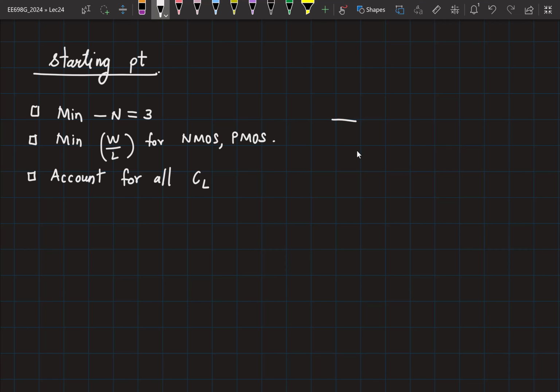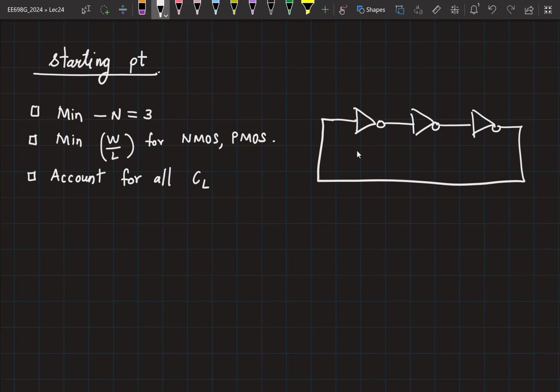If this was our ring, we called the total capacitance at this node as some C total. And this consists of the self capacitance here, the gate capacitance at the next stage, and any load capacitance that is coming here because of the inverters that you have connected to account for the loading. After we have done so much, we then sized the W by L of the PMOS for equal drive strength.